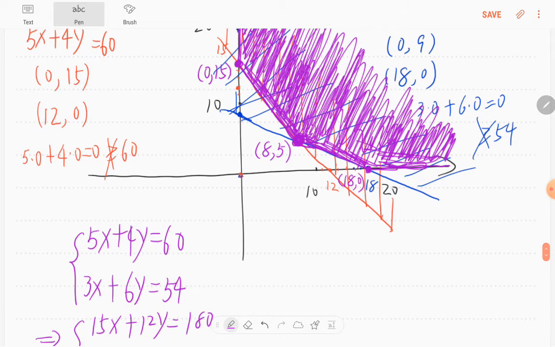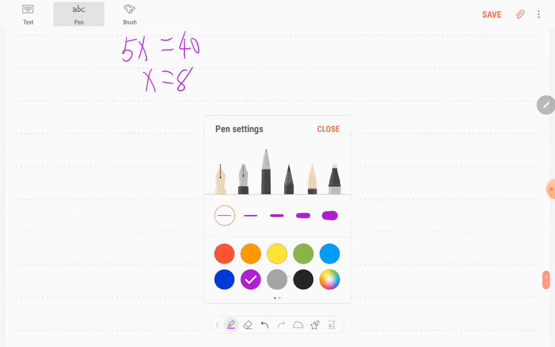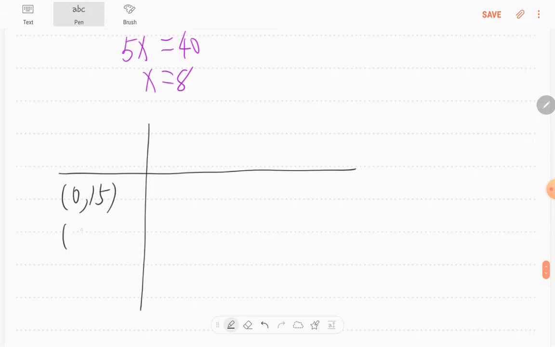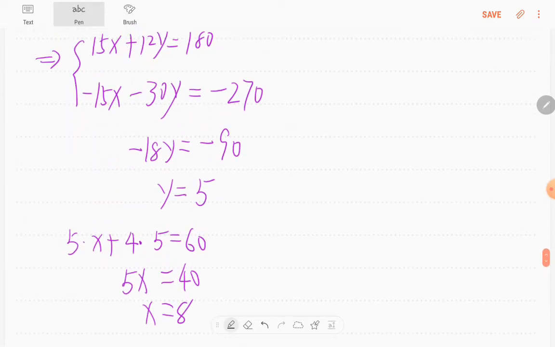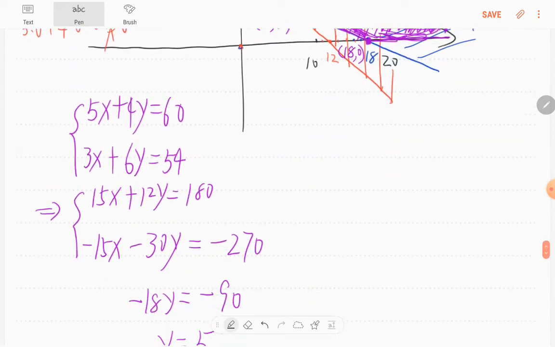Okay, so you have 3 corners. So we list the table. One point is 0, 15, another is 8, 5, and another one is 18, 0. This is the z values. Z is equal to what? 2x plus 3y.